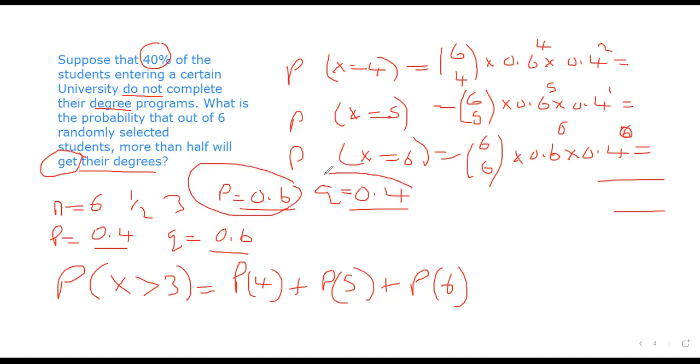Then those that don't get their degrees is what? 0.4. Are you understanding what I'm trying to get to? Yes, I think I've pointed out where the confusion was. Thank you. Most of you who got this question wrong in the paper is because you didn't understand here. Do you remember?